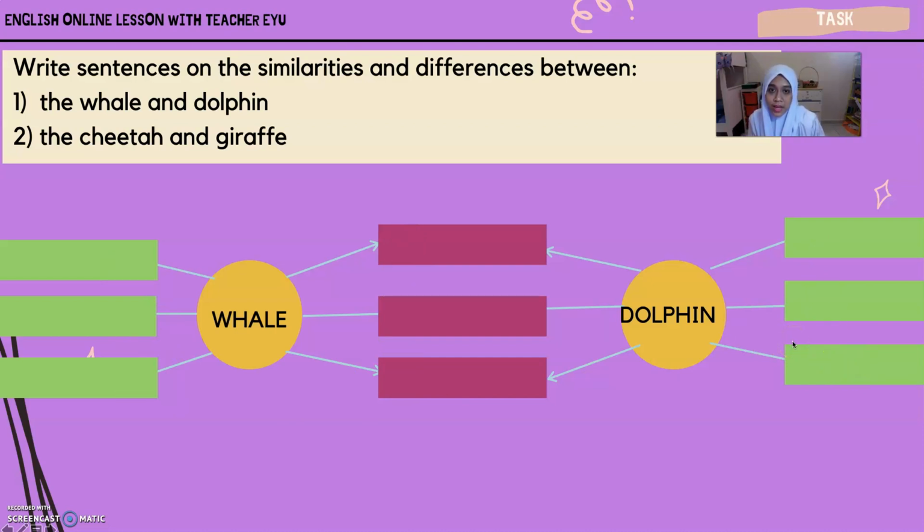After that, write the sentences based on the double bubble map. Then secondly, you do the same thing, but the animals are cheetah and giraffe. Do the double bubble map and then write the sentences based on the map.